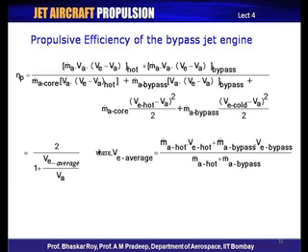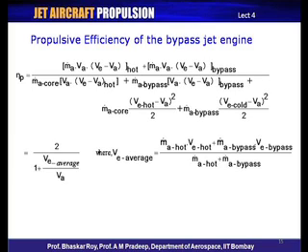So, the numerator is your thrust production or the energy associated with the thrust production, and the denominator is the energy associated with the thrust production plus the waste energy that has been created, and this shows up in the form of the propulsive efficiency definition which we had used before.